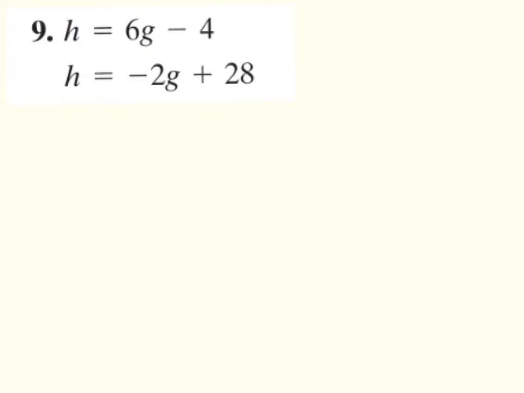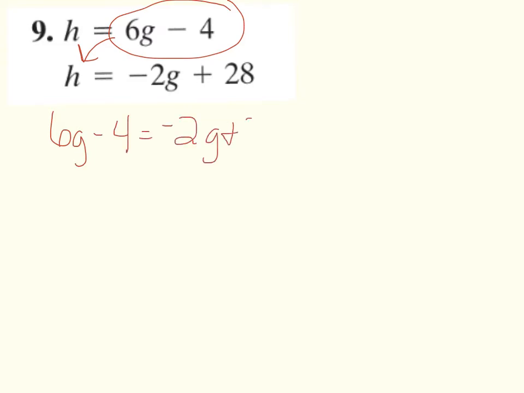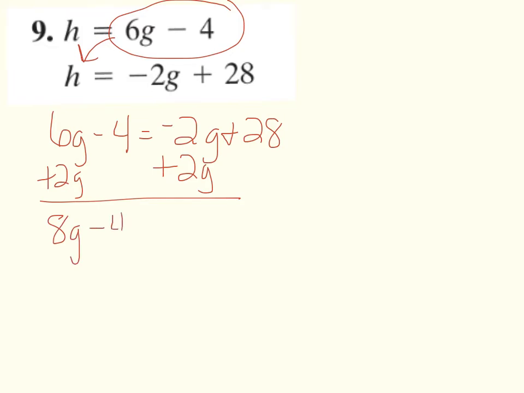All right, for number 9, just like number 6, I'm going to substitute in 6g minus 4 for h. So rewrite the equation. So I have 6g minus 4 equals negative 2g plus 28. Solve. So I'm going to add 2g to both sides. 8g minus 4 equals 28.